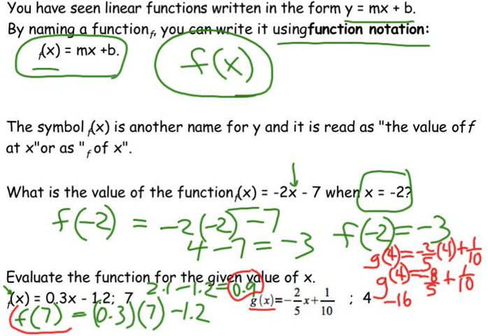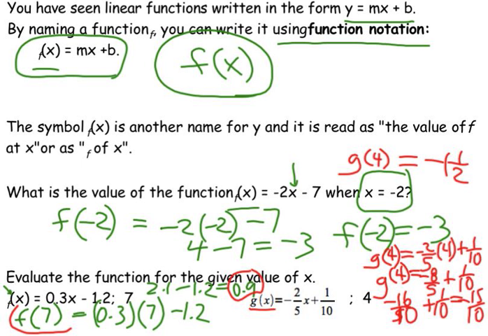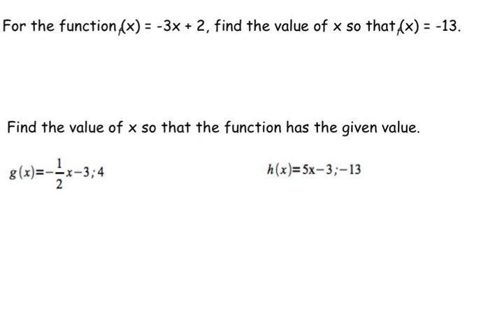And so this is going to be negative 16/10, because I'm just changing it to a common denominator, plus 1/10. So the value is going to be negative 15/10. When we simplify that, it would be negative 1 1/2 when x is 4. So hopefully that all makes sense. It's just plugging in numbers the way we've done it before.